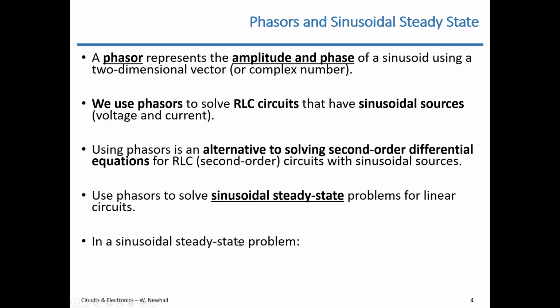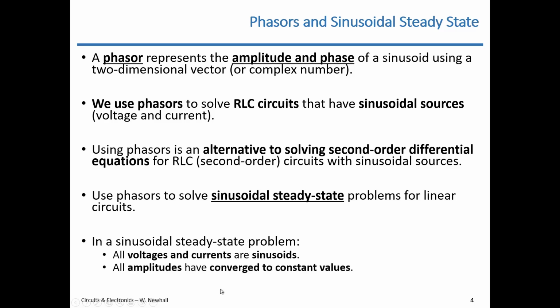Well, since we don't have DC sources here, we have sinusoidal sources. This is what sinusoidal steady state means. So all voltages and currents are sinusoids. So if you have sinusoidal sources, voltages or currents, then every current and every voltage throughout the circuit will be sinusoidal.